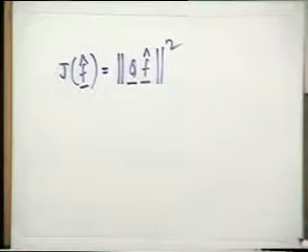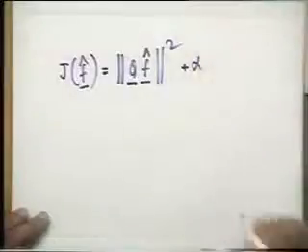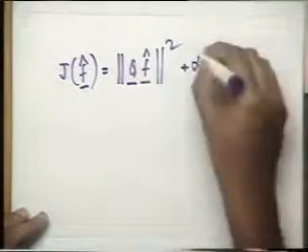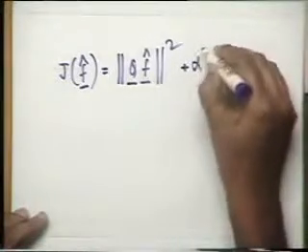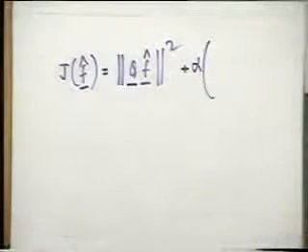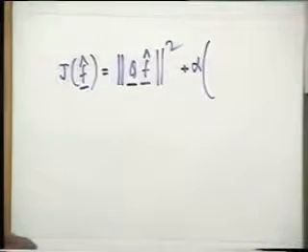This term obviously we are going to minimize, plus we are going to introduce the constraint term with some multiplication factor. So let us have some multiplication factor alpha, and within this parenthesis we will be writing the error in the constraint term.